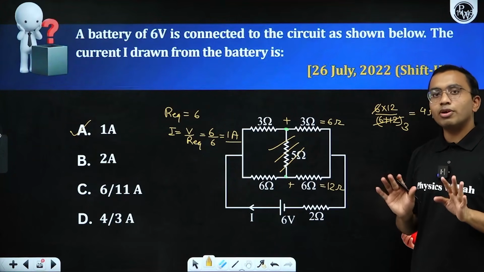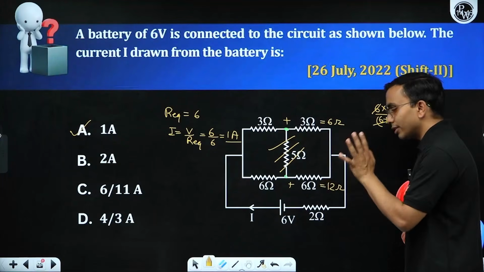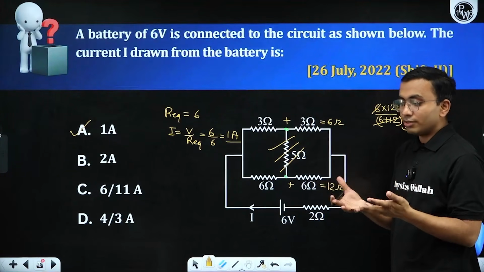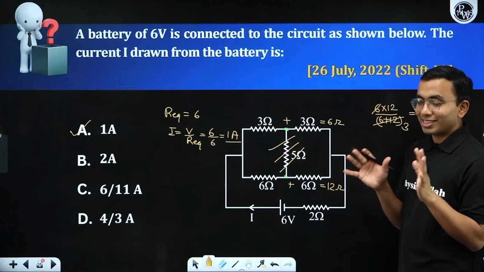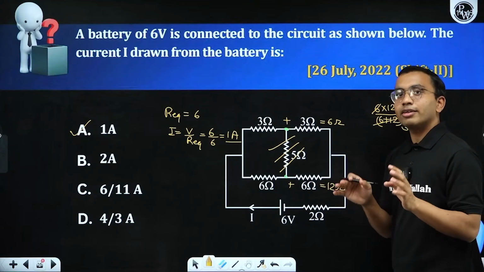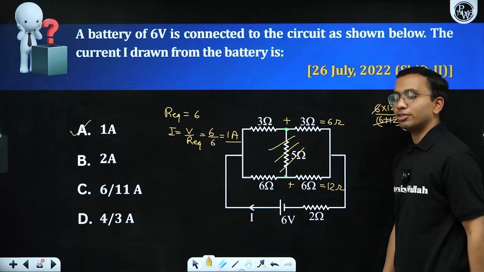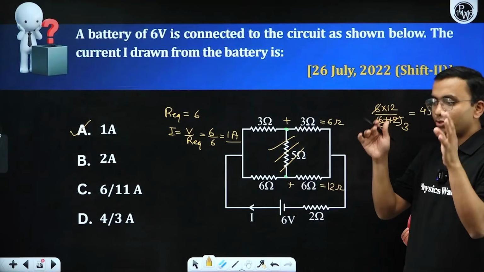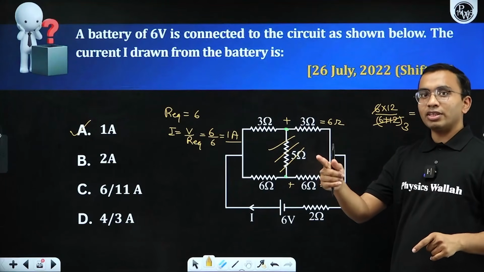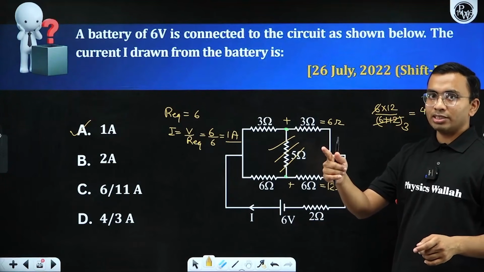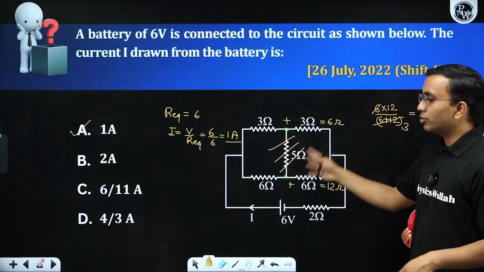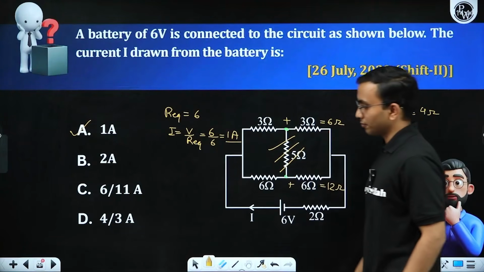They will ask you only easy questions. So I'm saying it may not be balanced. You see whether it is balanced or not. I'm not saying that don't check. I'm saying check it. But 90% it will be a balanced bridge condition only. Therefore, when you see such a question, first check whether this is a balanced Wheatstone bridge condition or not. If it is balanced, you can solve that in a few seconds.